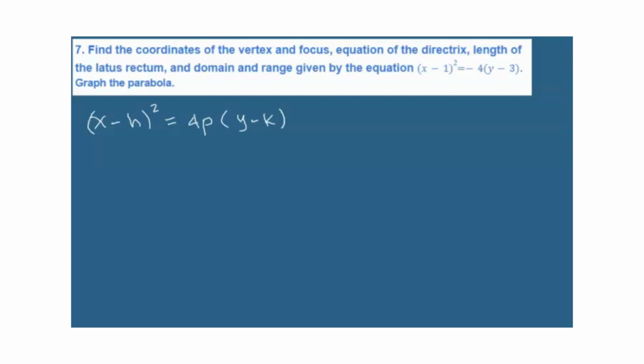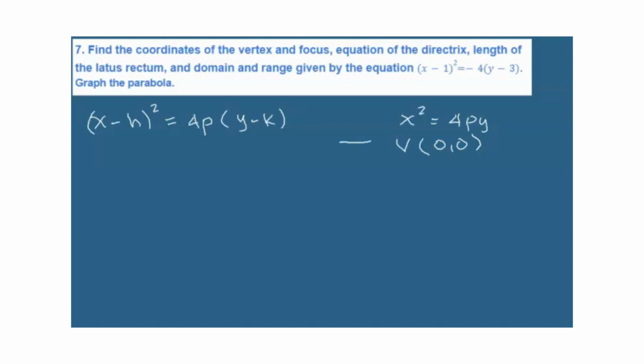So we know that this is from x squared is equal to 4py, wherein the vertex of this is at the origin or (0, 0).